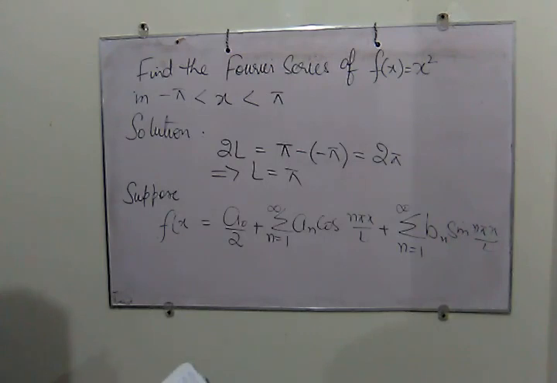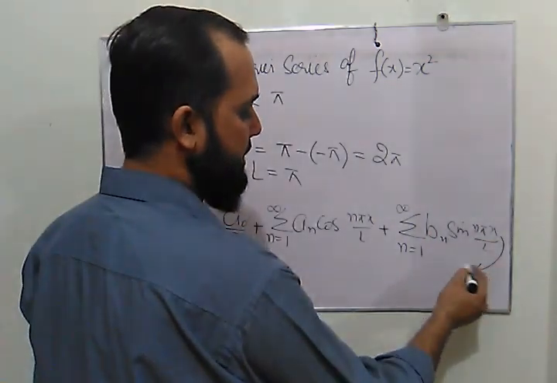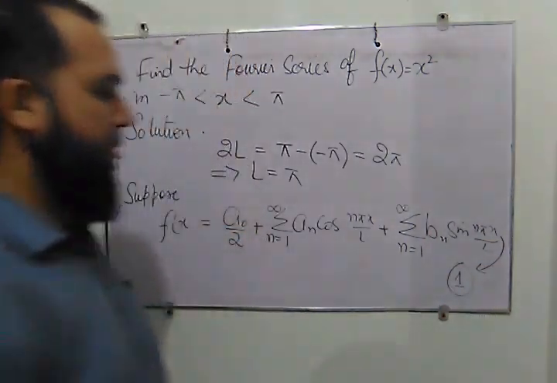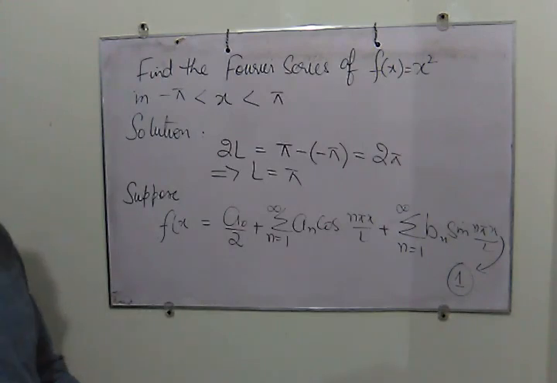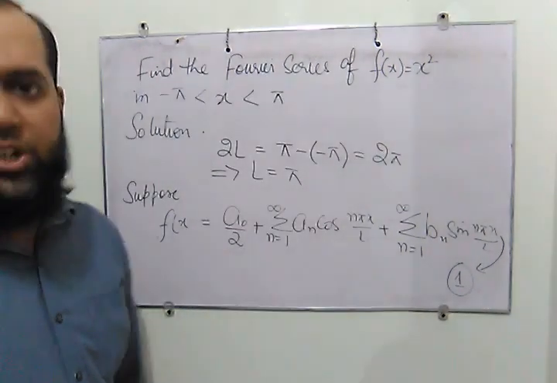Now what do we have to find? We have to find an, a naught and bn. Let's name this equation 1. When we have found the coefficients, we will put them in equation 1.